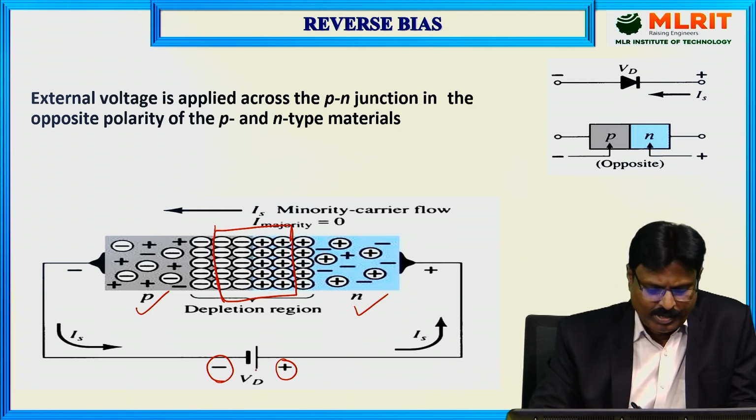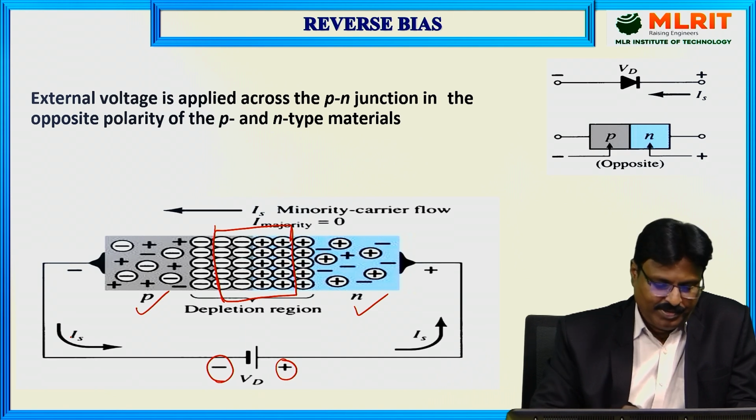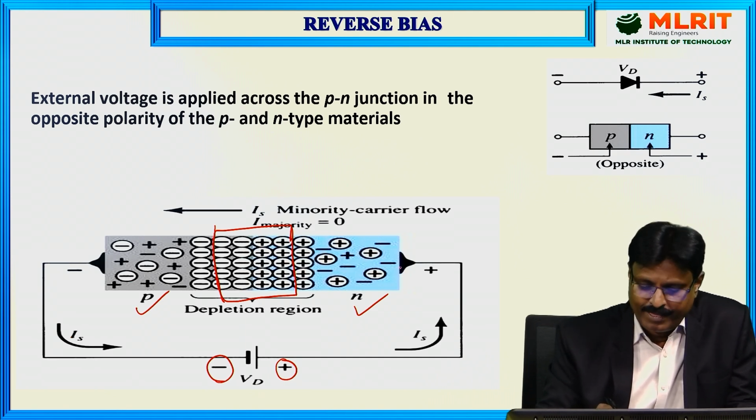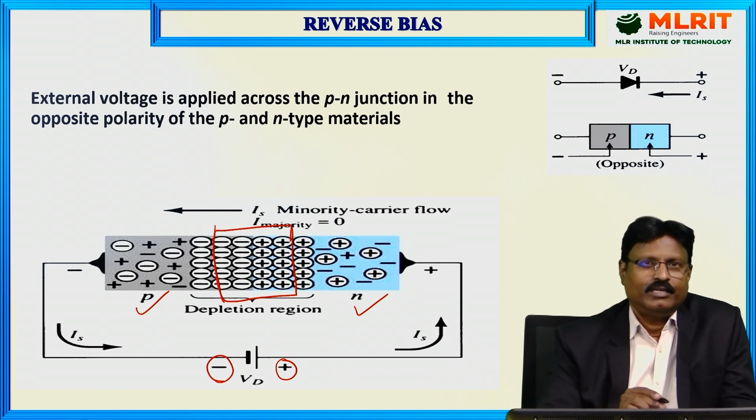After that, I am applying a reverse bias mode of operation. That means P is connected to the negative terminal of the battery and N is connected to the positive terminal. Now let us check the status here, whether holes are attracted or repelled and whether electrons are attracted or repelled.